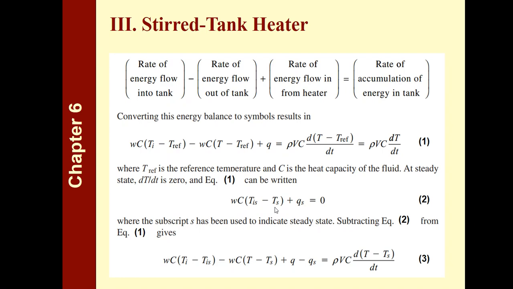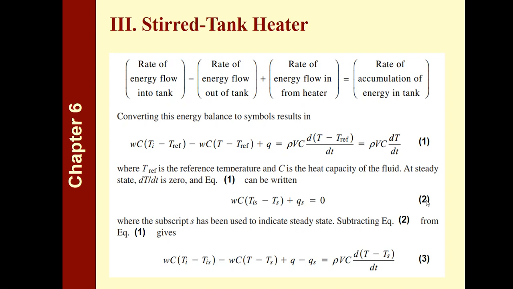Okay, I hope you get that. So if you subtract these two, your T reference will get cancelled off, and since it's evaluated at steady state, your T sub I becomes T sub I S, your T becomes T sub S, and the right side becomes 0. Your Q is also labeled as Q sub S, since this is at steady state.